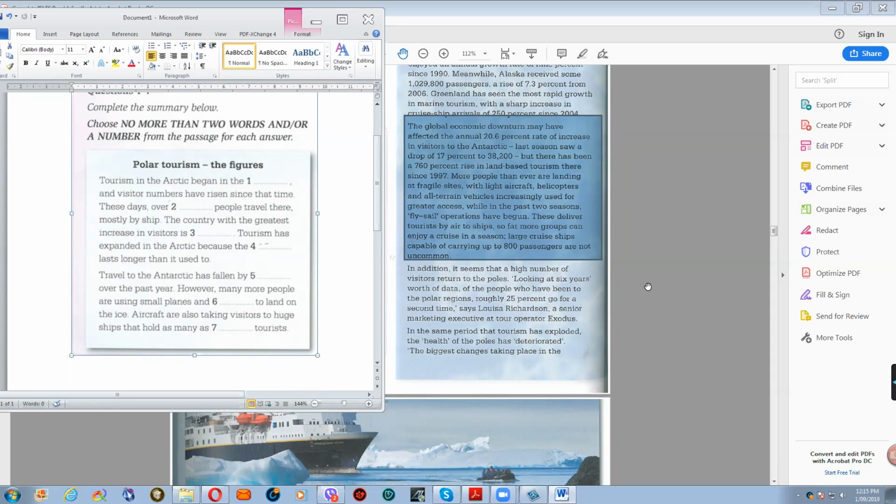Fell by fourth line here. Last season saw a drop of 17%.